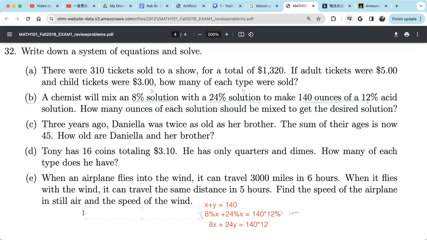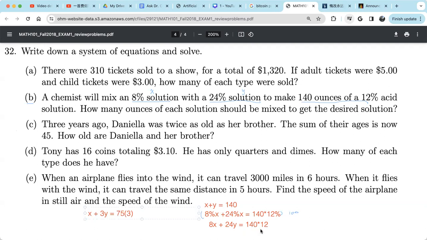Let me write over here. 8x divided by 8 is just x. 24y divided by 8 gives you 3y. Then 140 times 12, so 12 divided by 8. When we divide by 8 from 140 and 12, we can divide by 4 first. 12 is 3 times 4, 8 is 2 times 4, so 12 divided by 8 is 3/2.